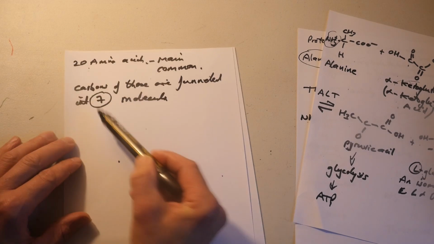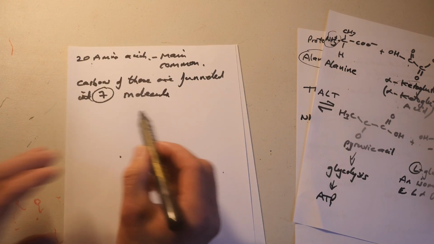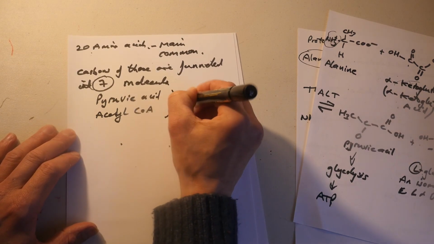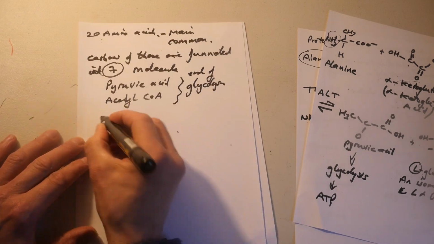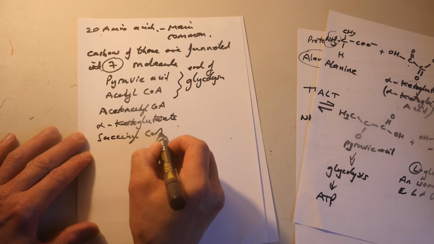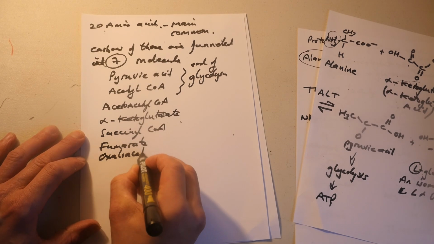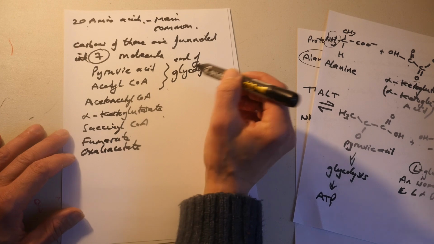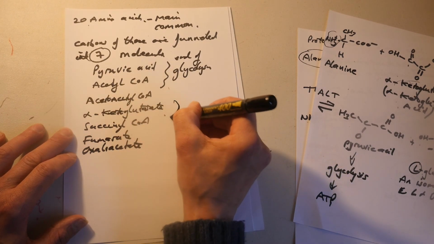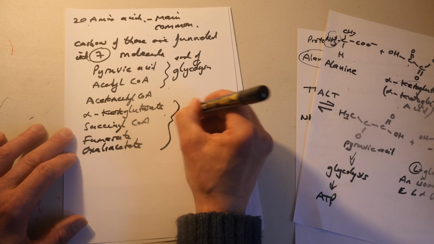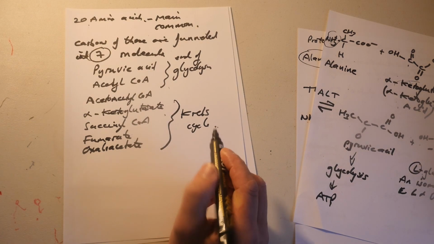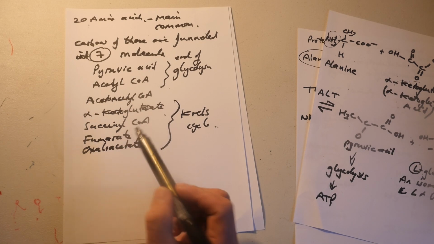So the 20 are actually made into only this number, 7, which consist of acetoacetyl. I'm not quite sure where that comes in, I can't quite remember, but these ones are part of the Krebs cycle.